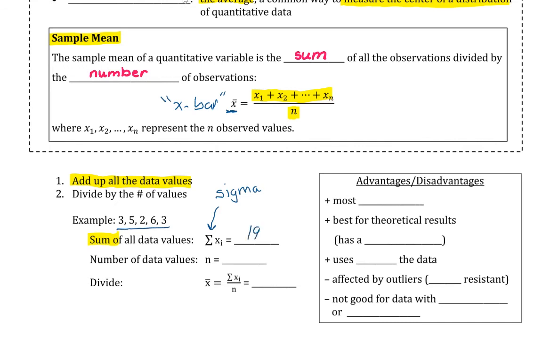Should be 19. Then n, the number of values. There was 5. So that x bar, our sample mean, is going to be the sum of all of our values divided by 5, which as a decimal, please confirm this, I think is about 3.8.